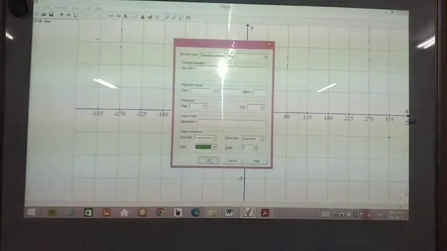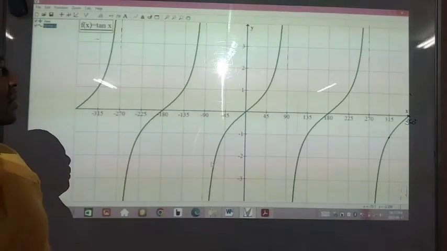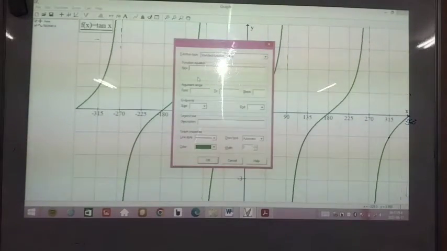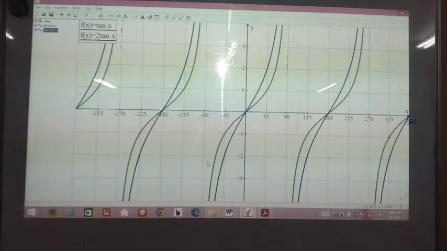So the green is the graph of tan, and then we are going to put the graph of 2 tan x. y is equal to 2 tan x. I'll change the color to blue.